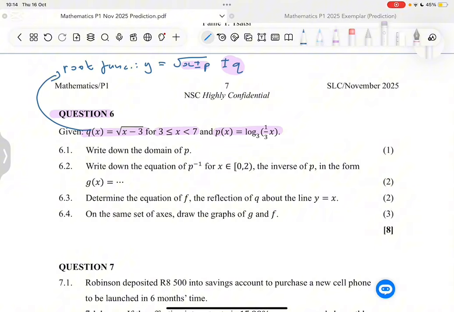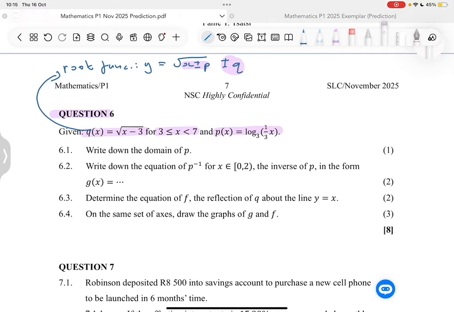And we know that if the value of p here is positive, it means the graph has moved to the left. And if p is negative, the graph has moved to the right.